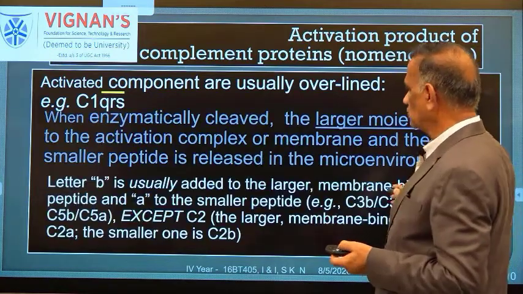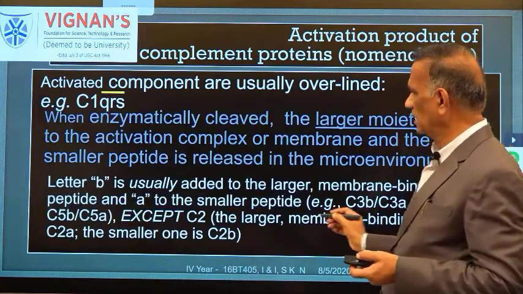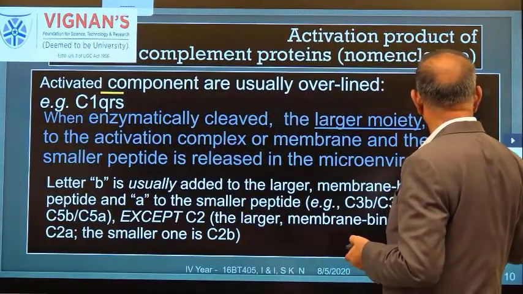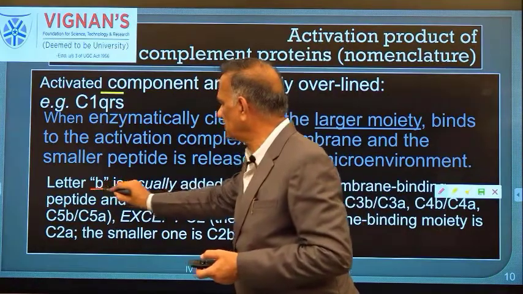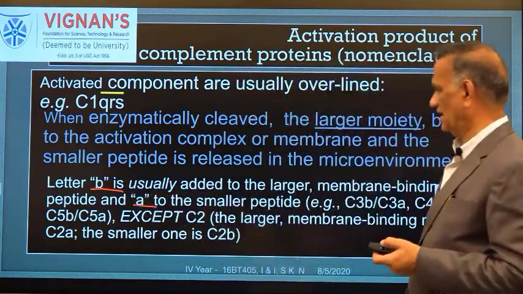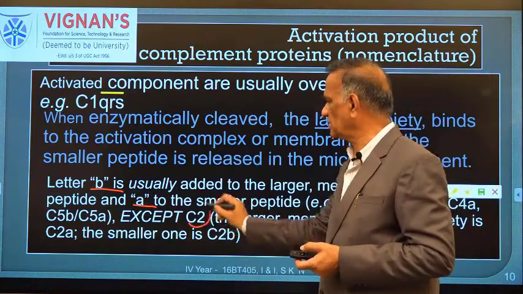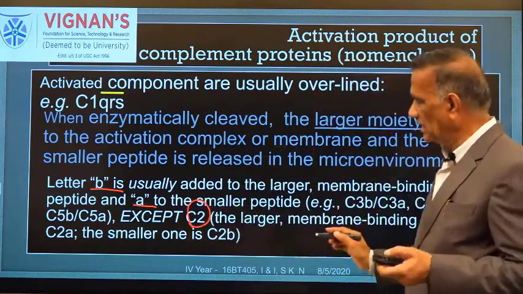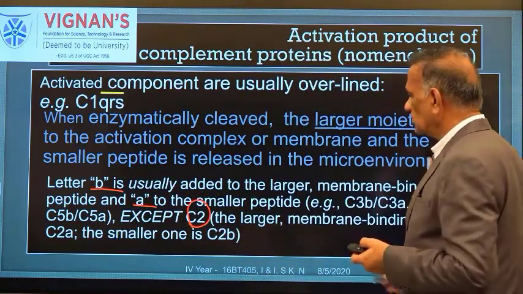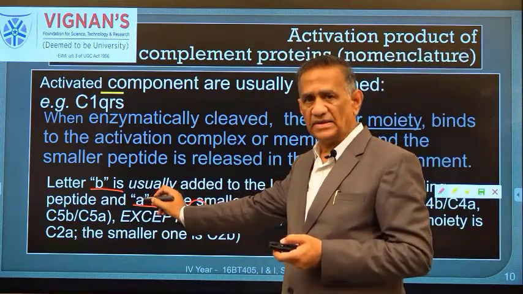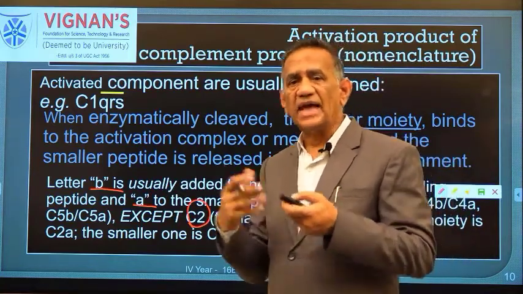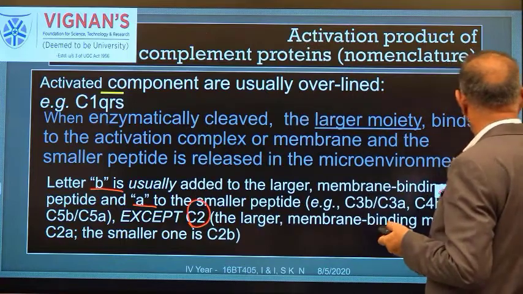The larger component is designated as B and the smaller component is designated as A. The only exception is C2. In general, the larger component is B and the smaller component is A. The naming is such that the smaller component becomes a part of the anaphylactic reactions.